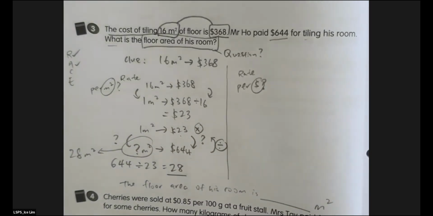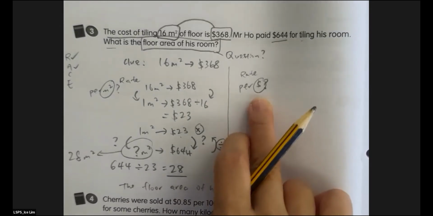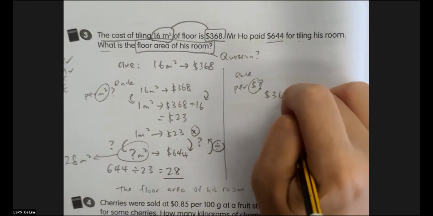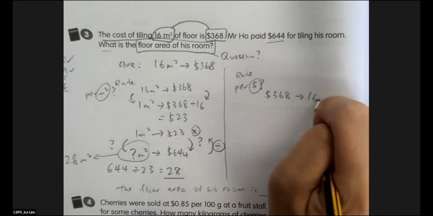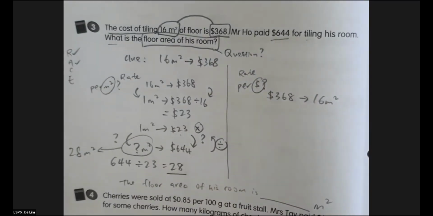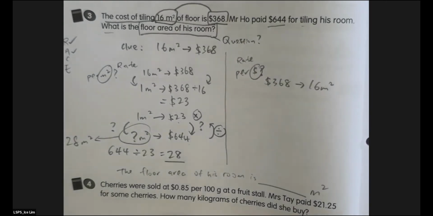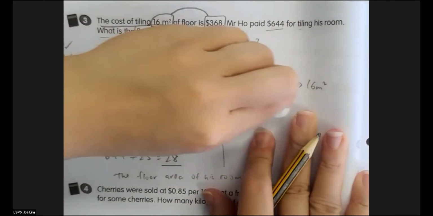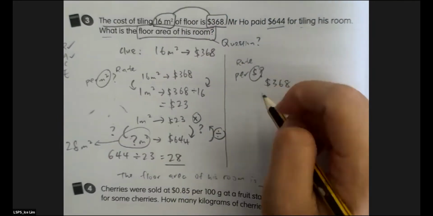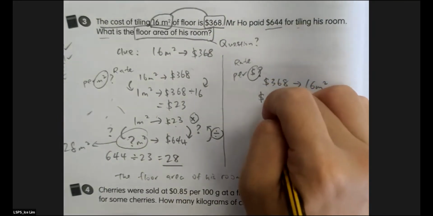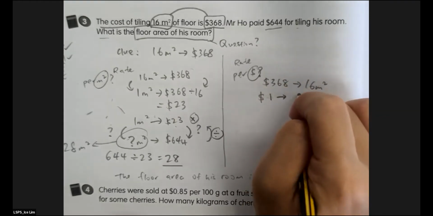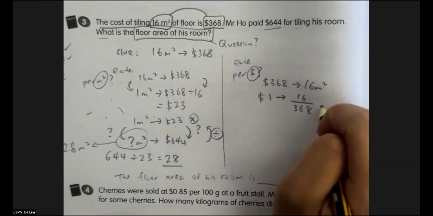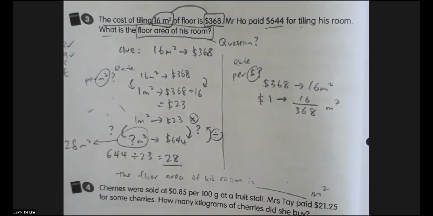Now, if I use the other method, go with per dollar. So I have $368 for 16 square meters. So $1 will be 16 divided by 368 square meters. I can write it as a fraction.